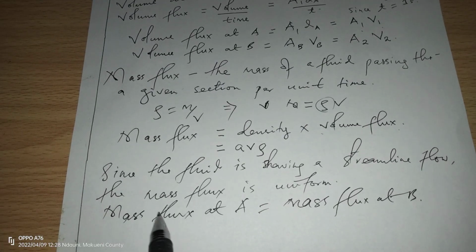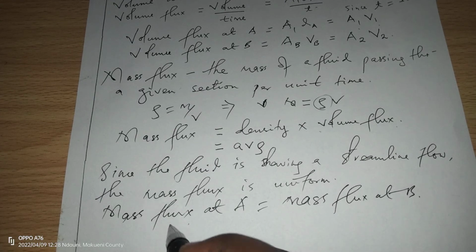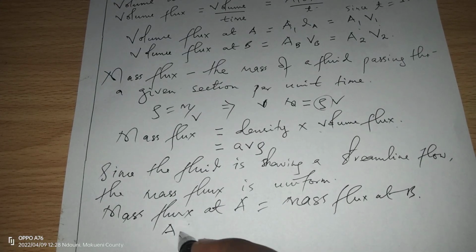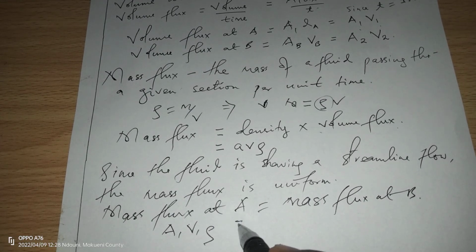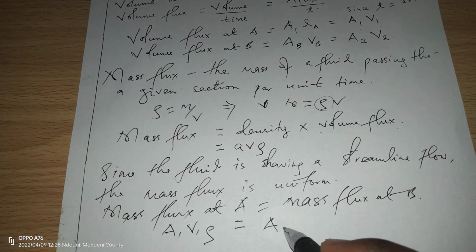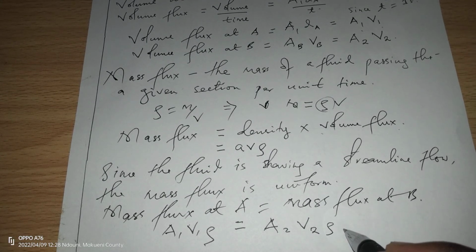And remember, mass flux is volume flux times density. Therefore, volume flux at A, multiplied by the density of this liquid, is going to be area at B, the velocity at B, times density.